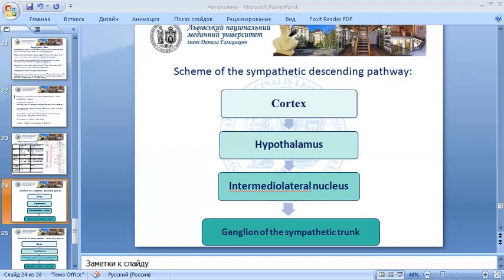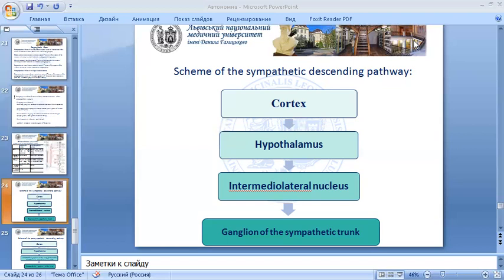The second neuron is located in the sensory nucleus, and its axon passes to the diencephalon, where the thalamus is located. Axons of the third neuron pass to the cortex, creating thalamocortical fibers which terminate in the cortex. The fourth neuron is located in the cortex, in the lamina granularis interna. This is the scheme for the ascending pathway of the interoceptive analyzer, which uses the afferent pathway of the somatic analyzer.